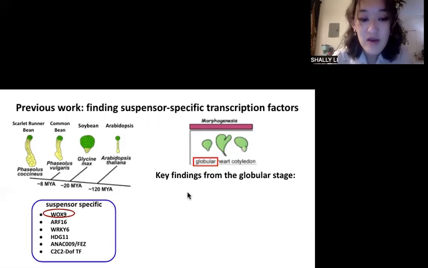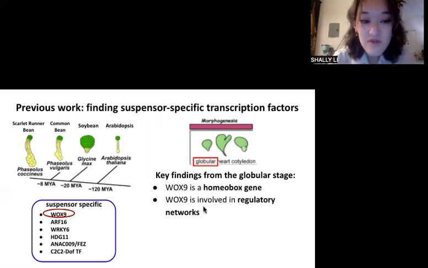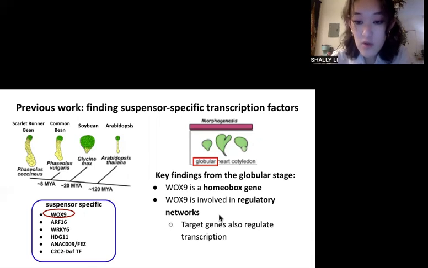And WOX9 is a homeobox gene, which are genes that regulate embryonic patterning in most organisms. And this research found that WOX9 is involved in regulatory networks. It regulates genes that are mostly involved in the regulation of transcription.